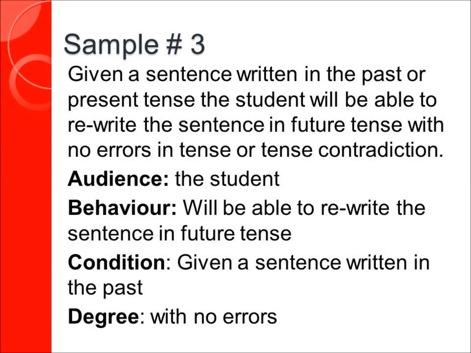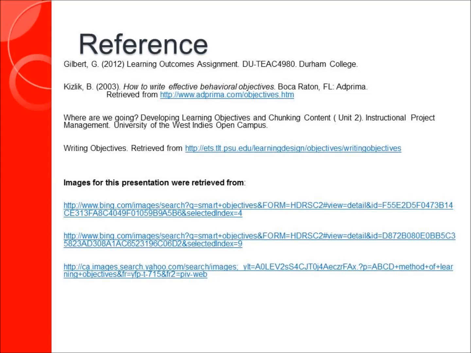Given a sentence written in the past or present tense, the student will be able to rewrite the sentence in future tense with no errors in tense or tense contradiction. Audience, the student; behavior, able to rewrite; condition, given a sentence written in the past or present; and the degree, with no errors.